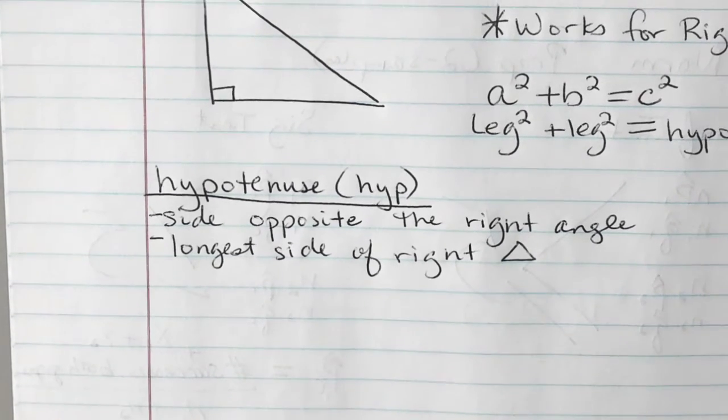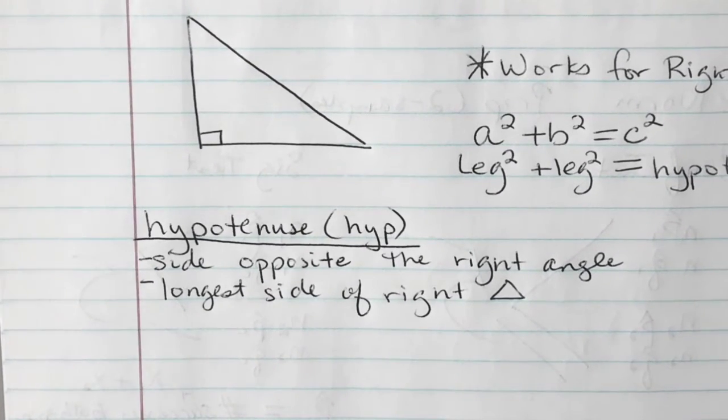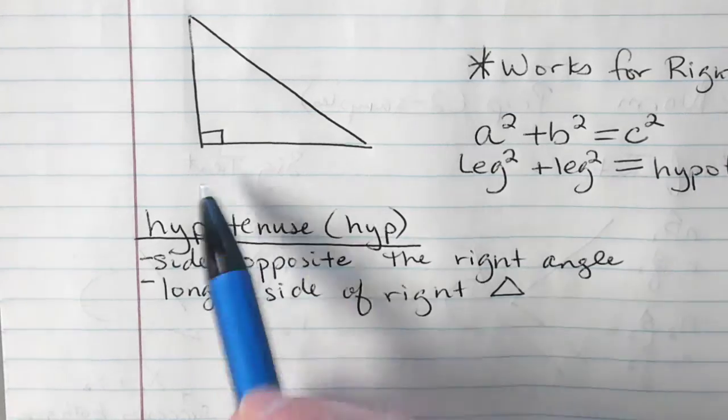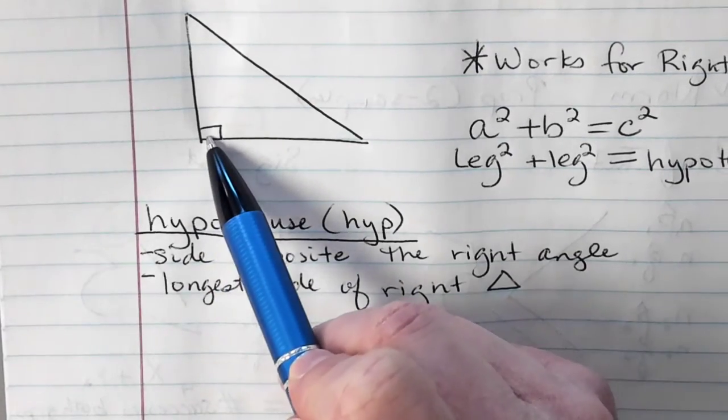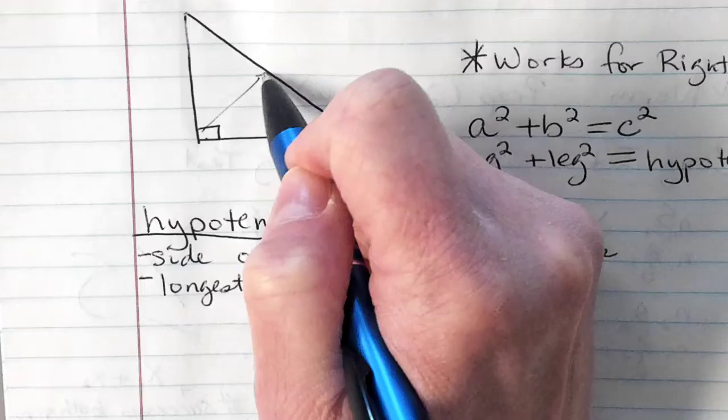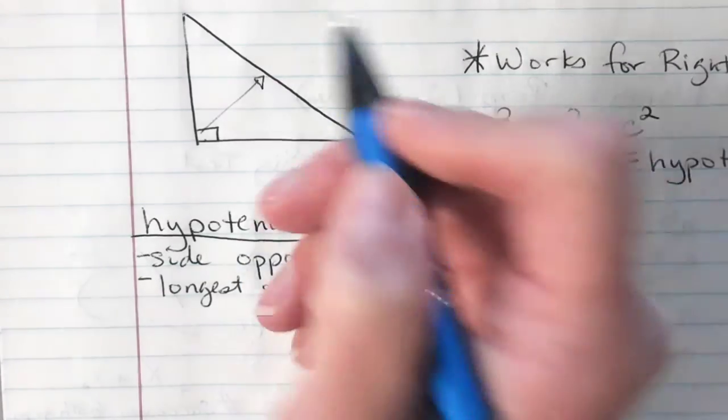So once you're caught up with my writing, I want you guys to take a look at the right triangle that we all drew. So we're going to label this right triangle in terms of A, B, C, or leg, leg, hypotenuse. So I want you to focus on the right angle, and I want you to go directly across from the right angle.